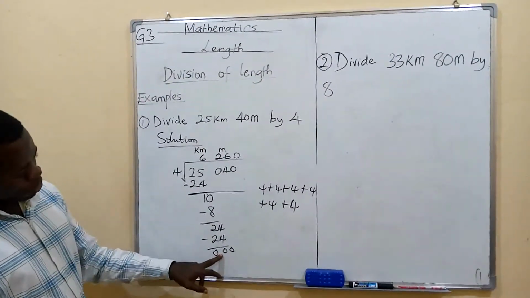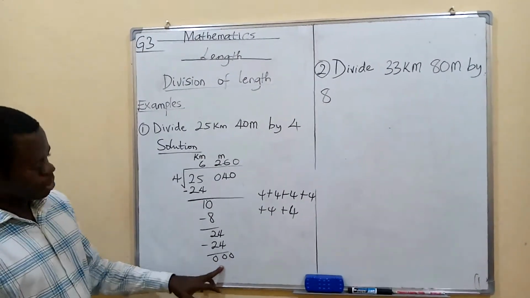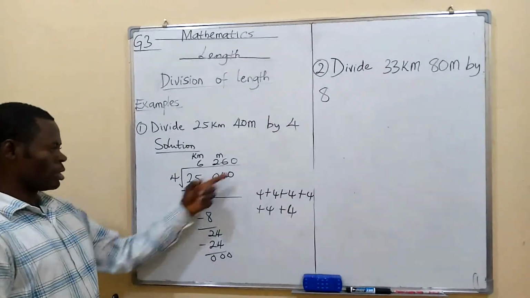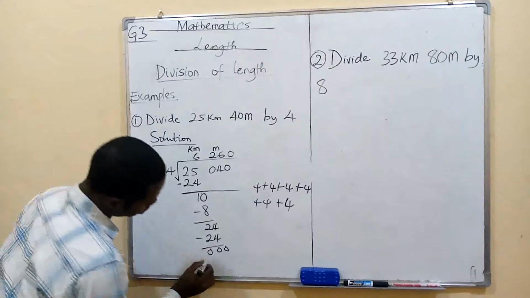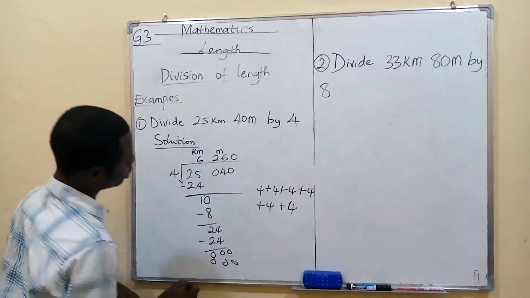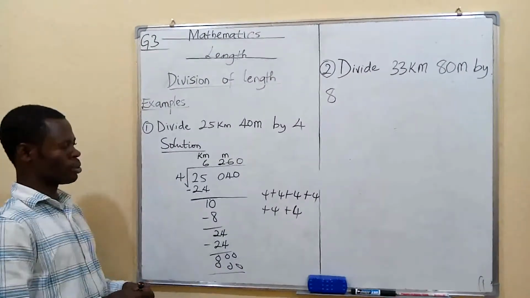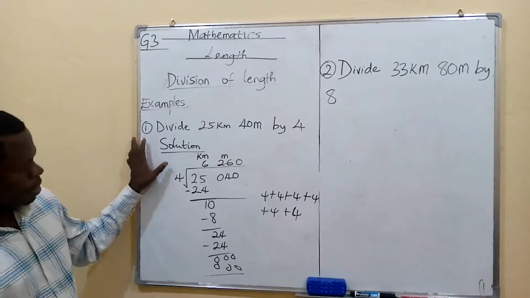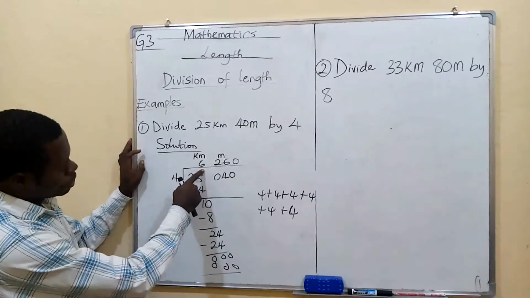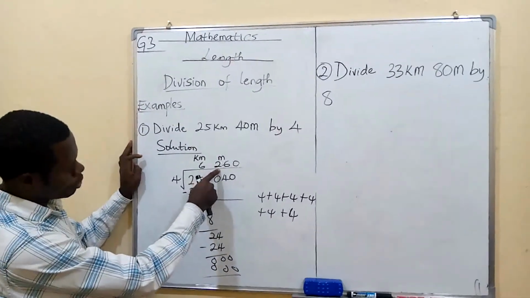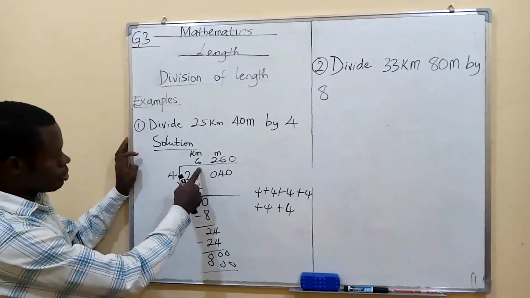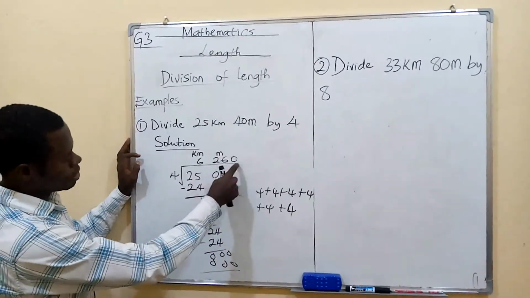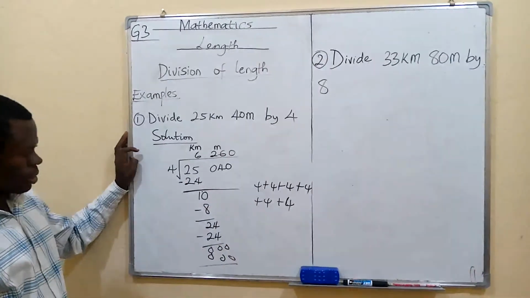That is 0 divided by 4 is 0. 0 times 4 is still 0. We're still going to have 0. So the answer is 6 kilometers, 260 meters. Alright?